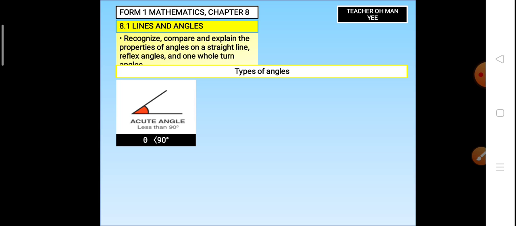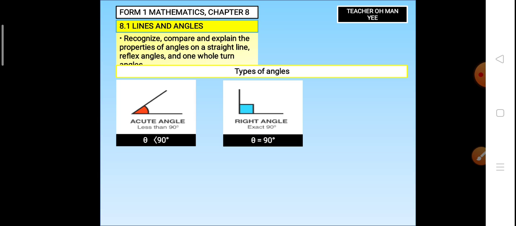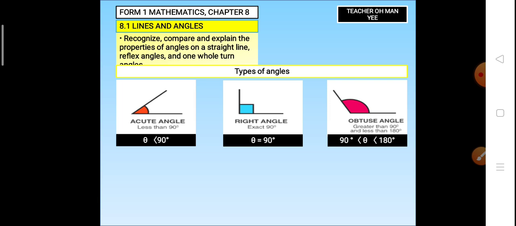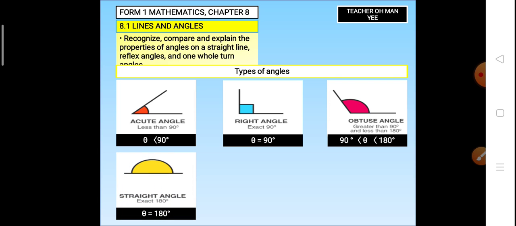And the second one will be right angle. Right angle is exactly equal to 90 degrees. And the third one, obtuse angle. Obtuse angles are those angles which are between 90 degrees and 180 degrees. And the next one, straight line angle, which is exactly equal to 180 degrees.